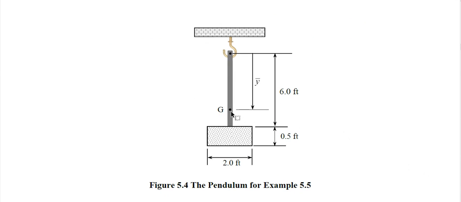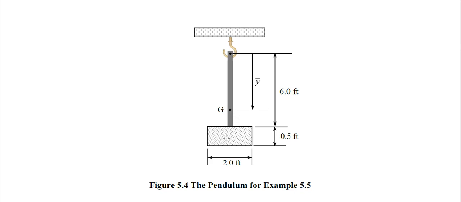G is here. That means it is the combined centroid. This symbol means the centroid. So we have to determine the mass moment of inertia of this section about this axis, passing through this face.